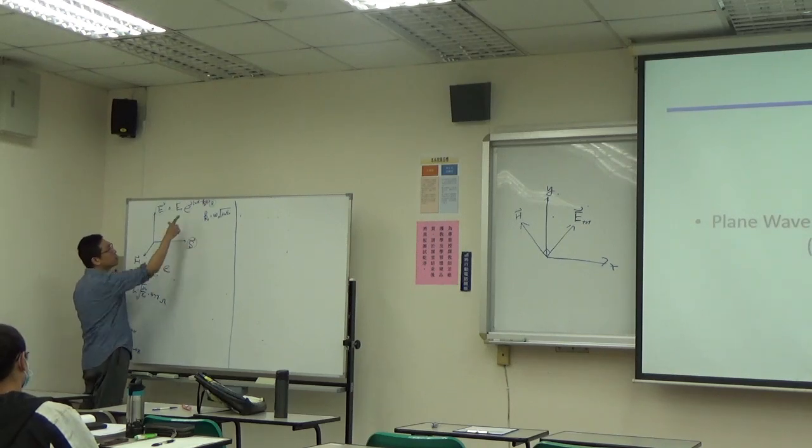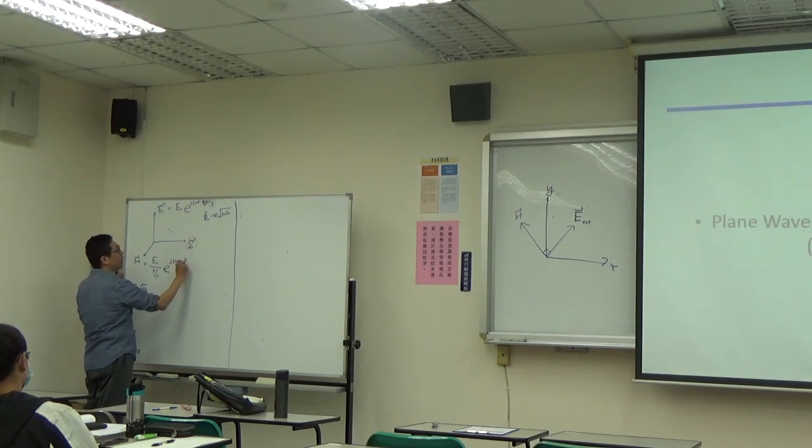Multiply exponential, just copy that, j omega t minus k0 z, and multiply by what? This is important, a different direction.